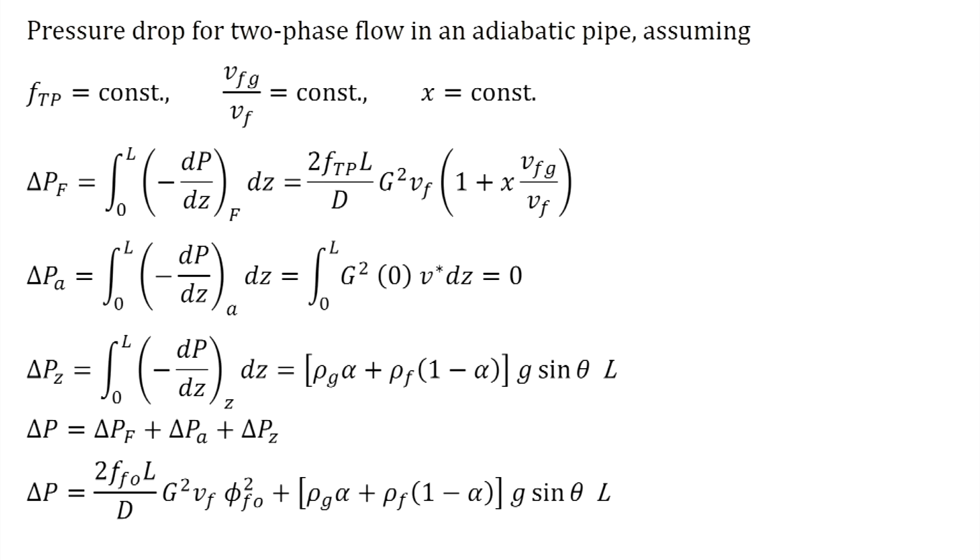Delta Pa will be 0 in this case, and delta Pz will be equal to rho g alpha plus rho f 1 minus alpha g sin theta L. And by adding these three, we get delta P equal to 2 ffo L by d g square Vf phi fo square. Actually, here we do not have to use phi fo square. So, instead of this expression, we will use this expression.